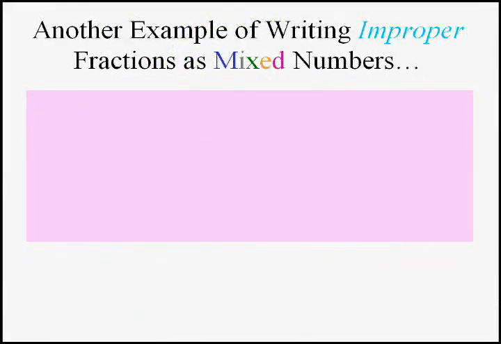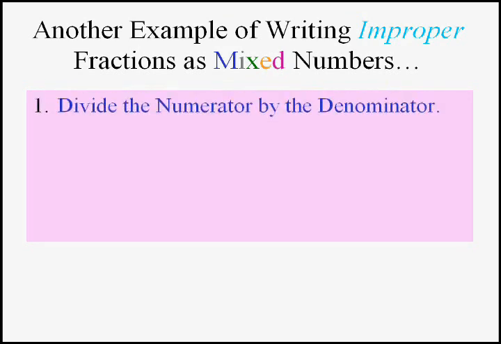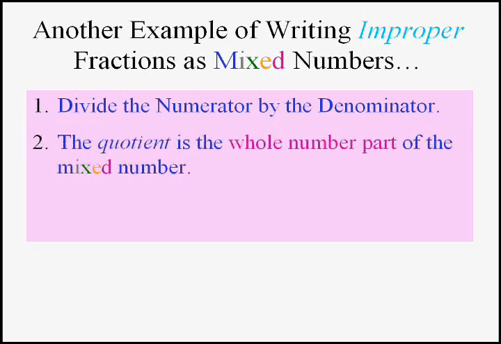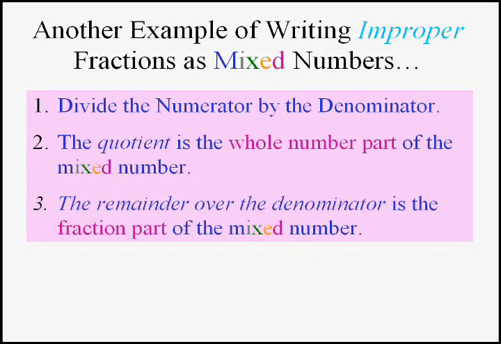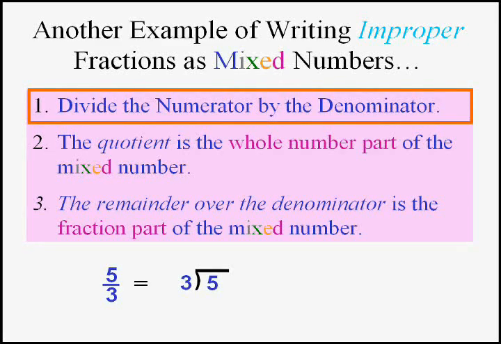Let me show you one more example. Remember what we do. We divide the numerator by the denominator, top by bottom, and the quotient is the whole number part, and the remainder over the denominator is the fractional part. 5/3 would become 5 divided by 3.